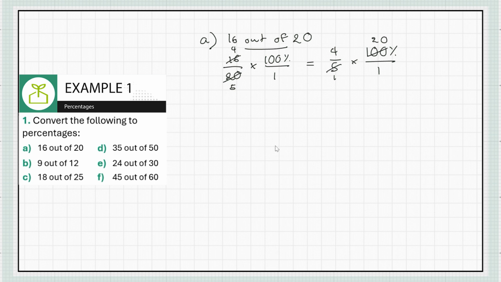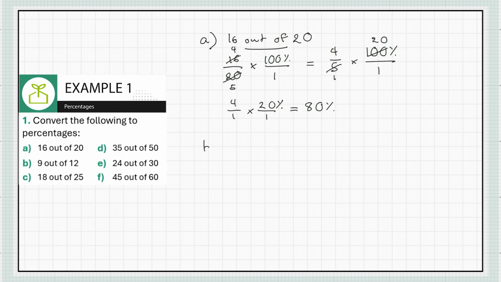So we're left with 4 over 1 times 20 over 1. Now, over 1 doesn't mean anything. Every single number can be expressed as a fraction over 1, so this is actually just 4 times 20, which is then going to be 80%.